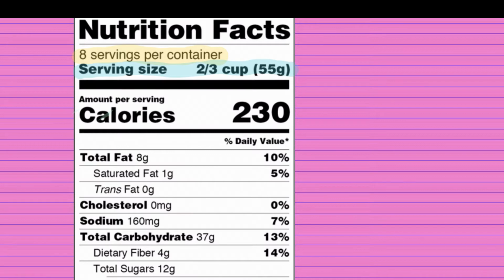So this tells you how to measure each serving. There are 2 parts to it usually. There's the cups or tablespoons, and then right next to it we have the other type of measurement, which is best used if you have a food scale.